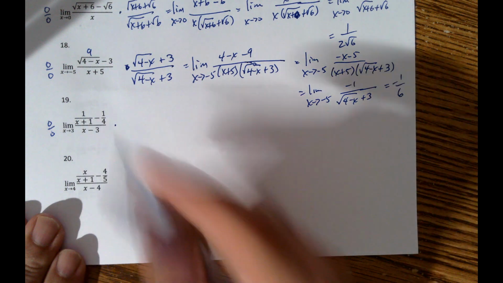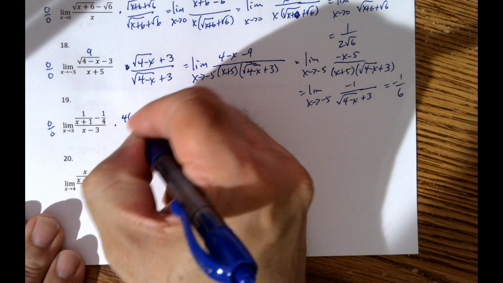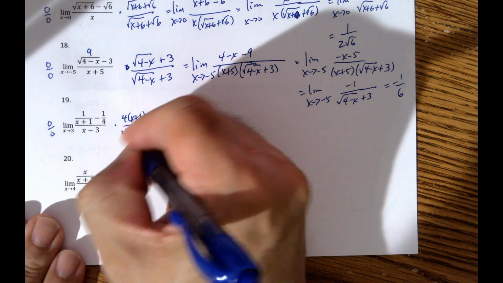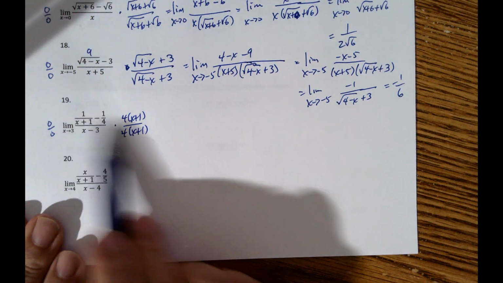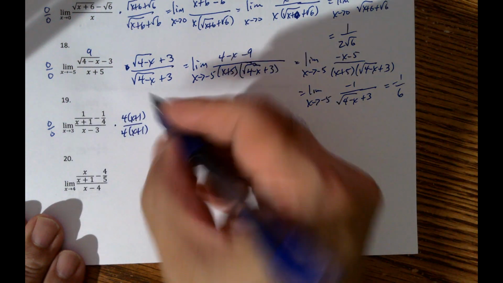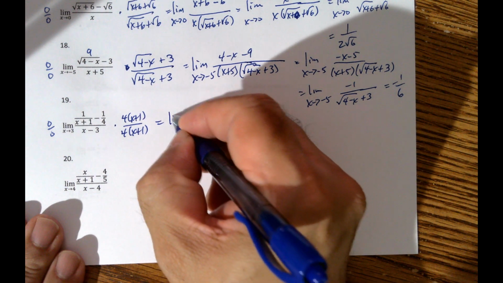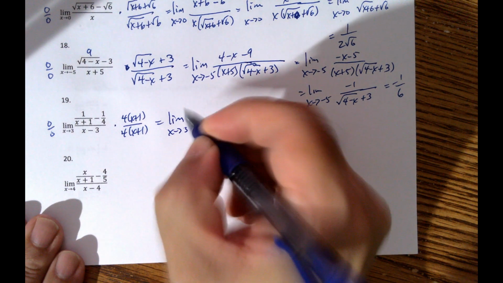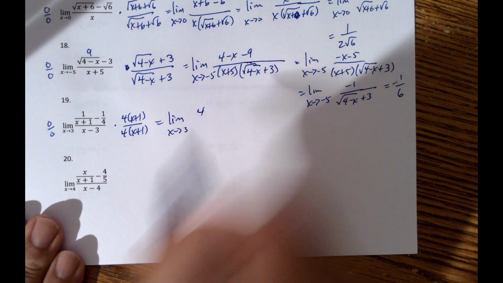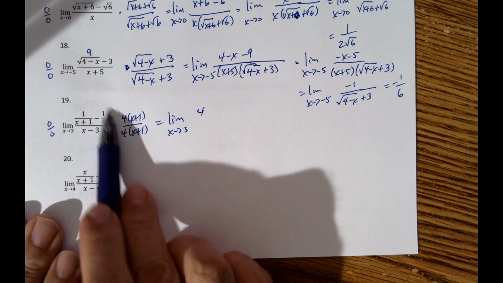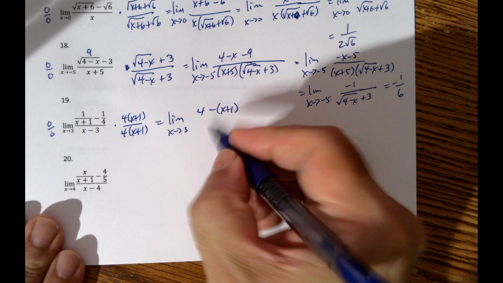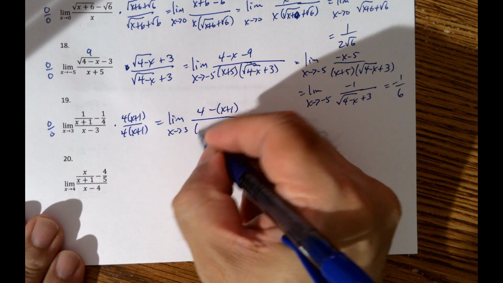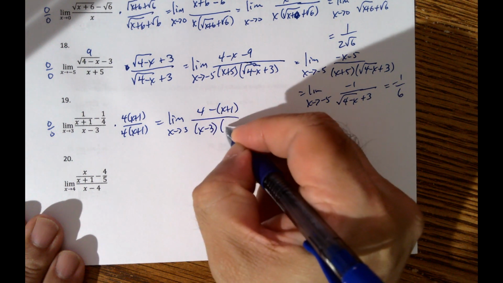Now I'm going to multiply this numerator and this denominator by the common denominator of the numerator. That's 4 times x plus 1. When I multiply 1 over x plus 1 times 4 times x plus 1, that turns into 4. And when I multiply 4 times x plus 1 times 1/4, that turns into x plus 1. Again, I am not multiplying out the denominator.